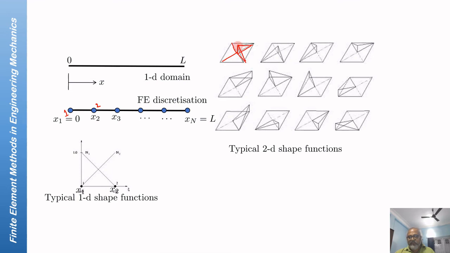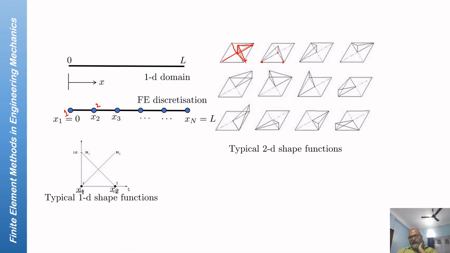So it's kind of a tent-like function which has to go to 0 at these nodes, and if there are no nodes in between, then it has to go linearly. Similarly, this shape function is 1 at this node and 0 at these nodes, and so on and so forth. So you will have these tent-like shape functions with linear edges, typically for three-noded triangular elements.